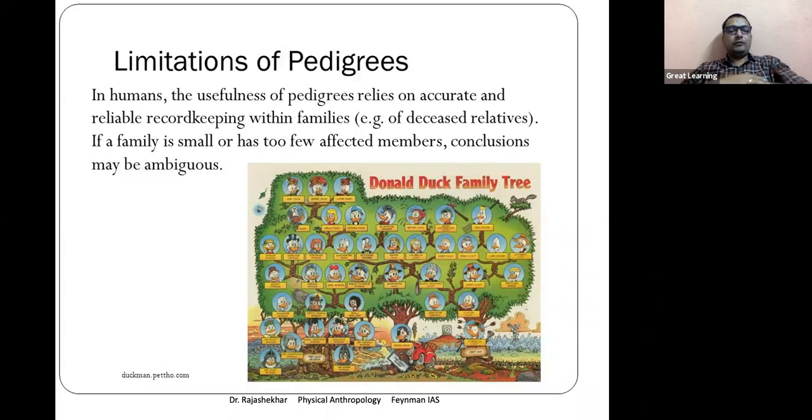What do you need for accurately creating pedigree charts? Data. Do you have your family members' data with you? How many generations of information do you have? Just to see how much we keep track of information. Do you keep track of information?